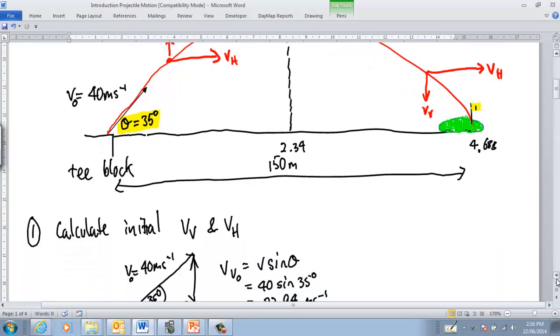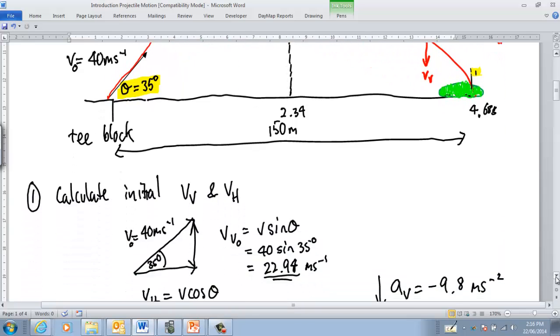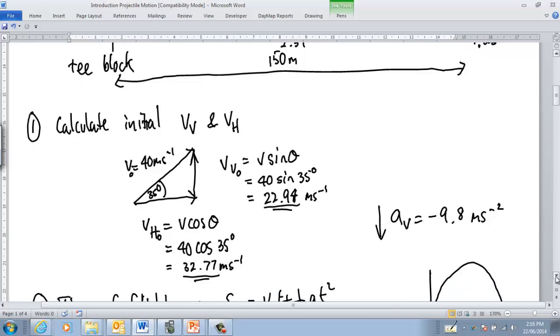The first thing that we will do is calculate the initial vertical and horizontal components of velocity. So if we're using our V0, we substitute our values in there, so 40 is the actual speed, and that's the angle, so that gives us a velocity of 22.94 meters per second.